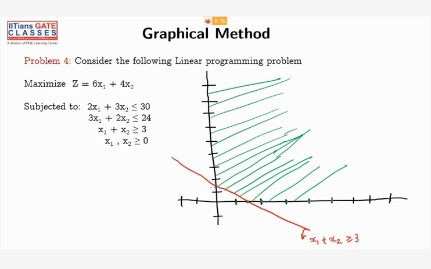And let me take another thing. This is your 30. That is your 15 comma 10. 2, 4, 6, 8, 10, 12, 14.